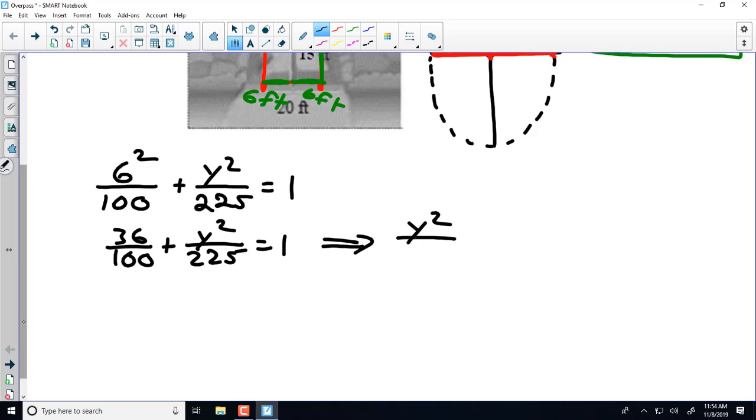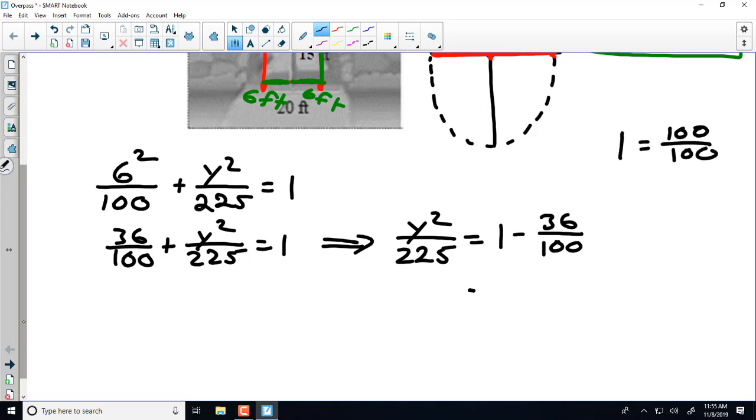So we get y squared over 225 equals 1 minus 36 over 100. I want to combine the 1 and the 36 over 100, and remember 1 can be written as anything over itself. So 1 is actually the same as 100 over 100, so I can write that as 100 over 100 minus 36 over 100, which is going to be 64 over 100.